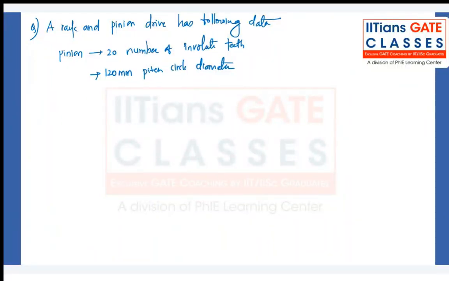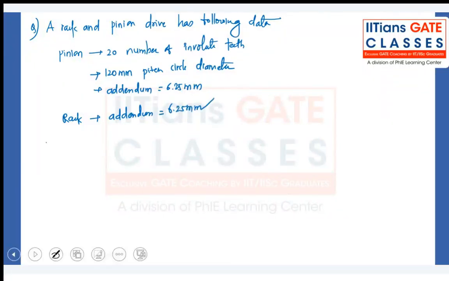Addendum 6.25 millimeter, and the rack also has an addendum of 6.25 millimeter.